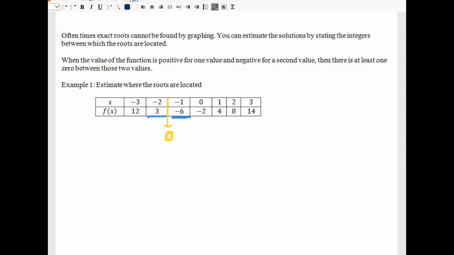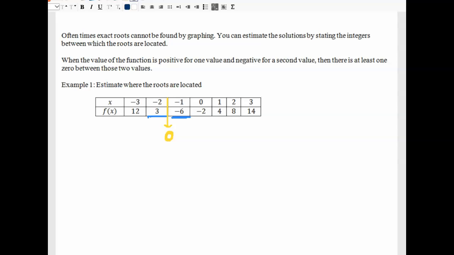So what I know is somewhere between -2 and -1, this graph has to cross at 0. I know this because the only way for the y value to go from a positive to a negative is to always pass 0.